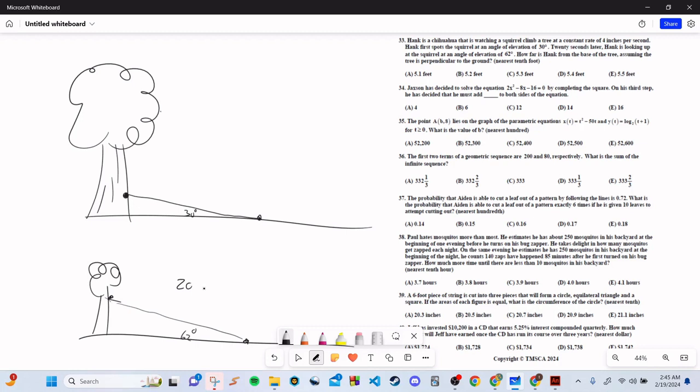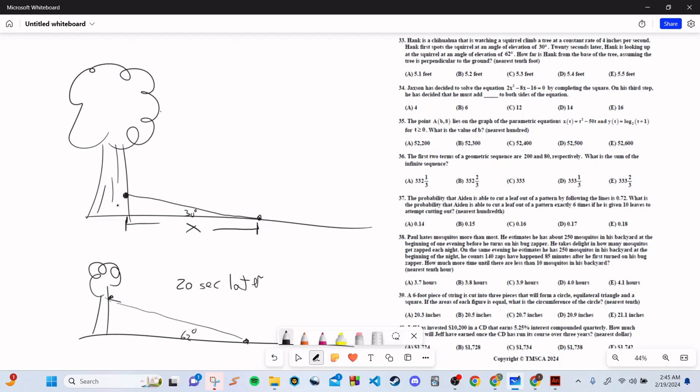And this is 20 seconds later. Of course, this is not drawn to scale by any means. This is not a 62-degree angle. But nevertheless, we want to know how far from the base of the tree the chihuahua is. So we want to know this distance x.